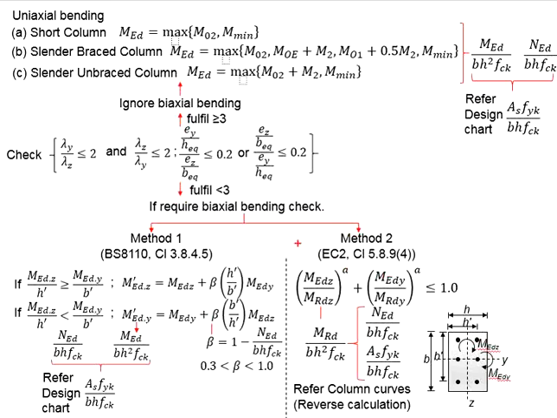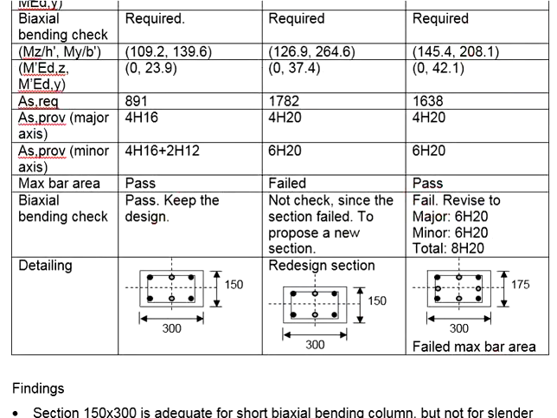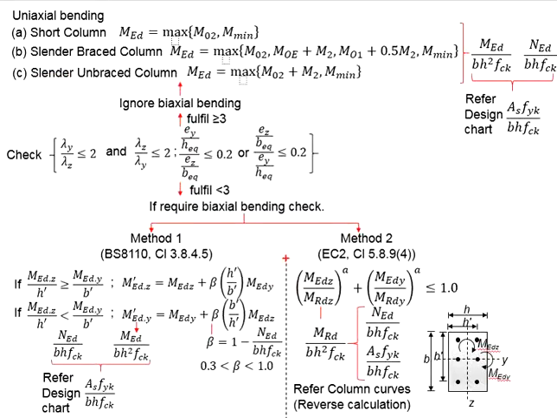However, when it comes to the checking due to the Eurocode, it fails. This leads to revisions or increment of amount of reinforcement bar from 6H20 to 8H20. Only then the requirements by the Eurocode pass.